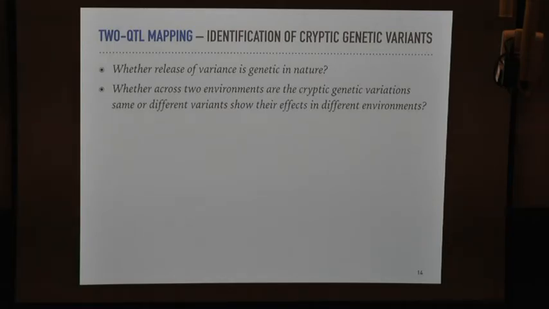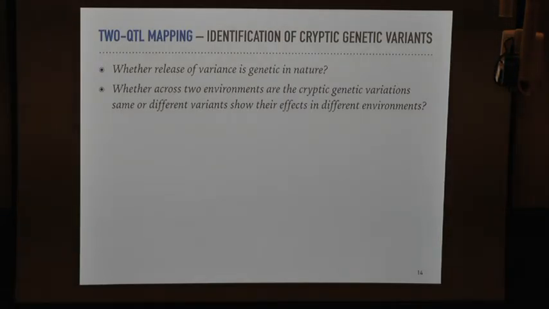So right now, what we were interested in was, we saw that the loss of robustness, or increase in variance, was something that was based on the environment. We wanted to also understand whether it is genetic in nature, because in gene environment interactions one needs to be very careful about whether the effects you're seeing are genetic or mostly environmental.